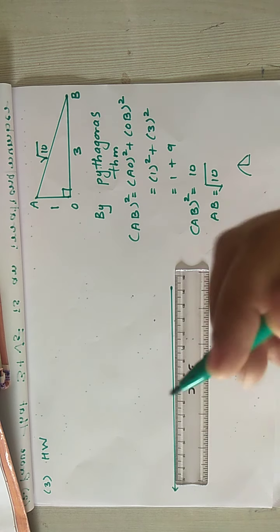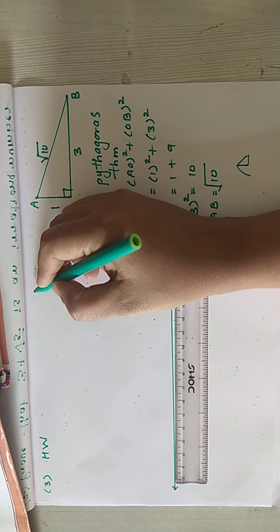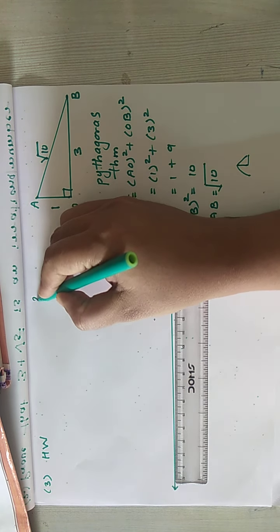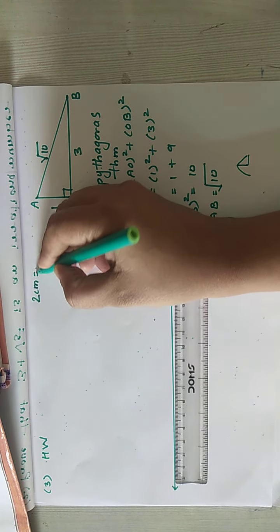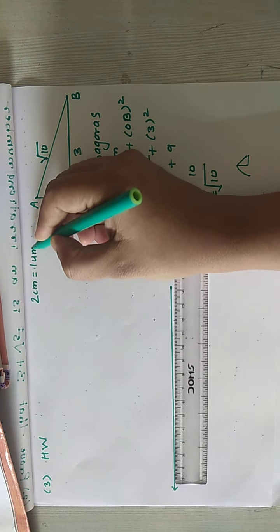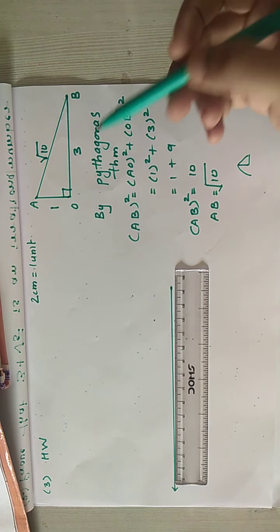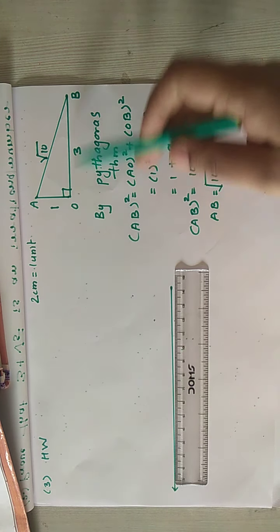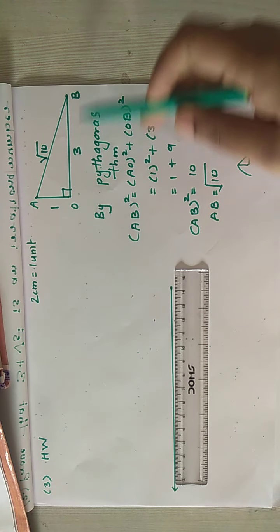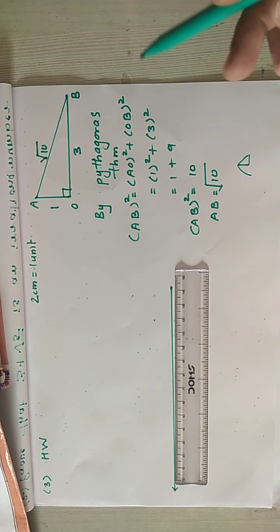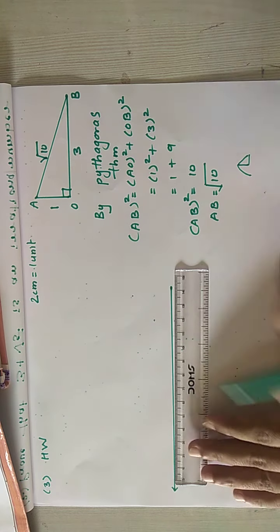To make it magnified, let's increase the unit dimension. So I'll take 2 centimeters as 1 unit. If we take 2 centimeters as 1 unit, we need here 3 units. So 3 units means it should be 6 centimeters on the number line.